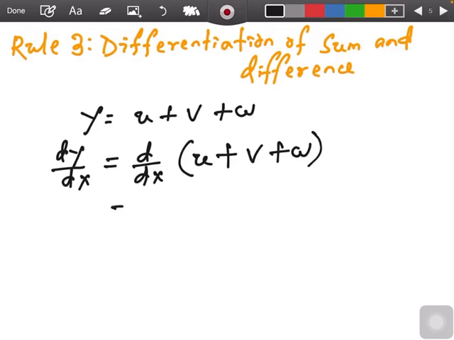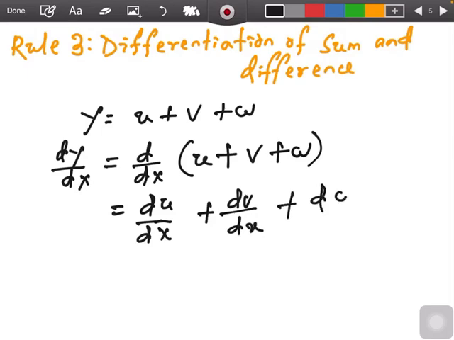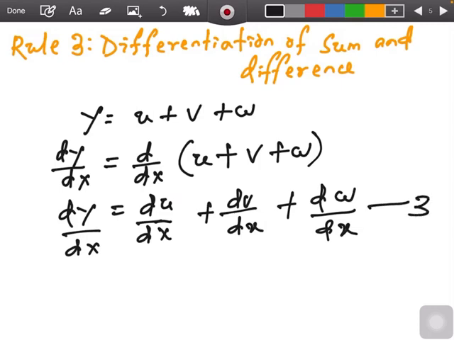So it will be du by dx plus dv by dx plus dw by dx. This is your dy by dx. This is your rule number 3. Let us do one example by applying rule number 3.